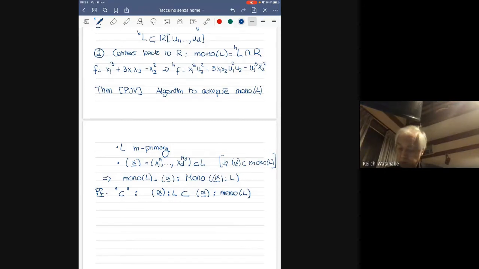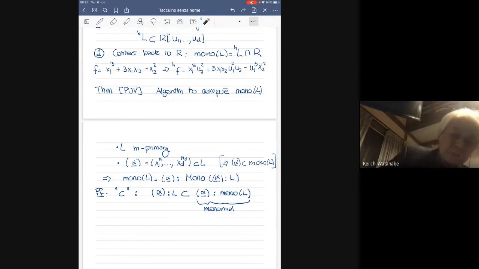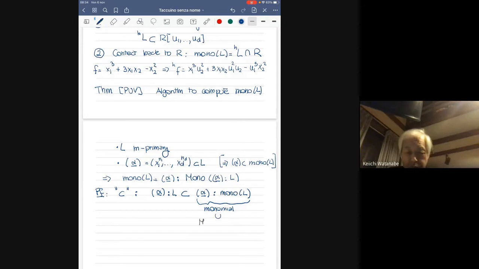And then, because these two are both monomial, this colon is a monomial ideal, because colon of monomial ideals is monomial. Now notice that it contains alpha colon L, so it has to contain the big mono, because the big mono is, remember, the smallest monomial ideal that contains it. So it contains the big mono of alpha colon mono L. Good. And now we are done.